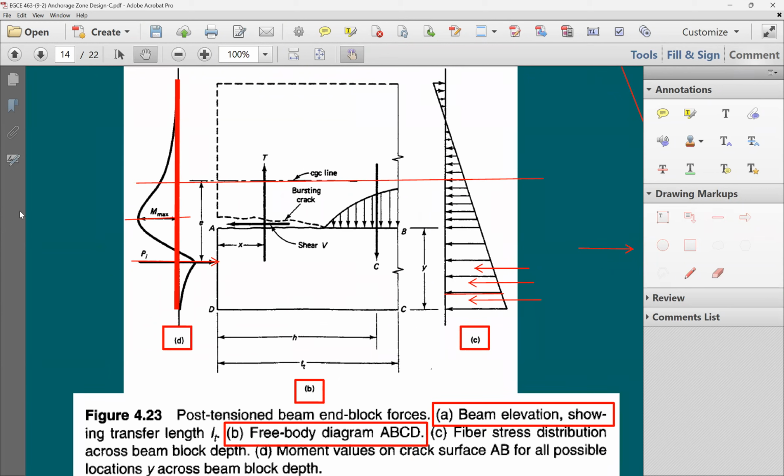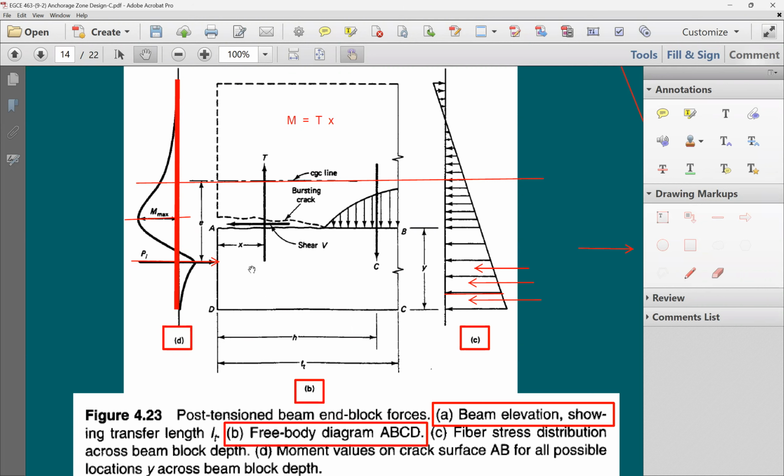This maximum moment is resolved into a couple. We have here a compression force and a tension force. And this M max, this moment, is going to be equal to this tension force times what? Times the distance. This is going to be h.